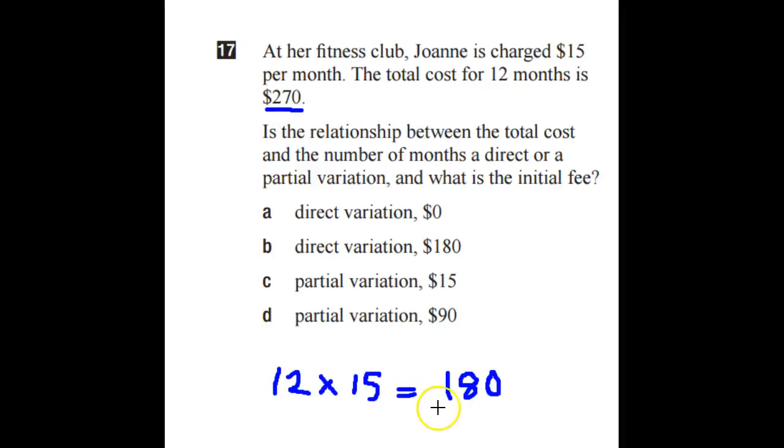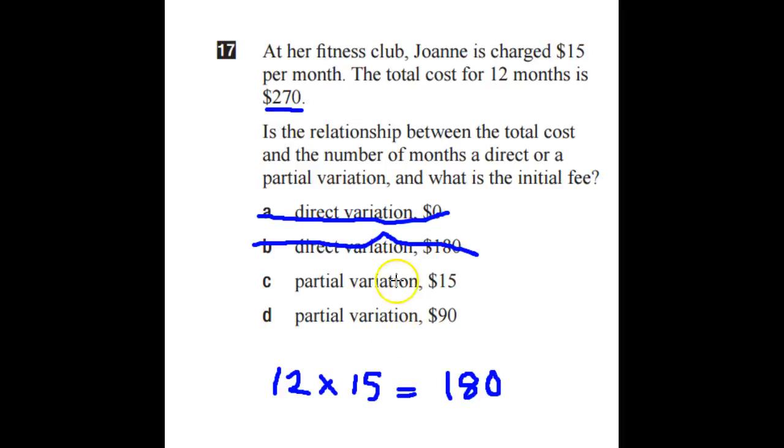So in this case, I know there's a starting value. That would be my y-intercept. And I know that the starting value would have to be the difference between 270 and 180, which happens to be $90. Right? So right off the bat, I know that it cannot be a direct variation if there is an initial fee at all, so I can get rid of this $0, right?